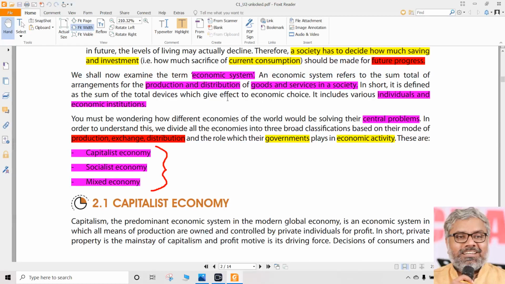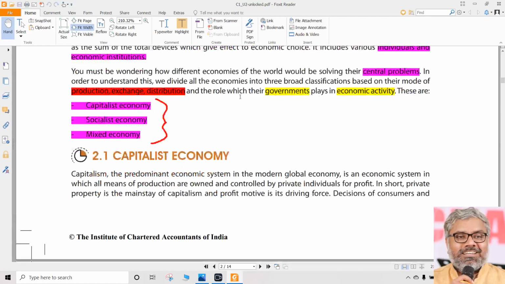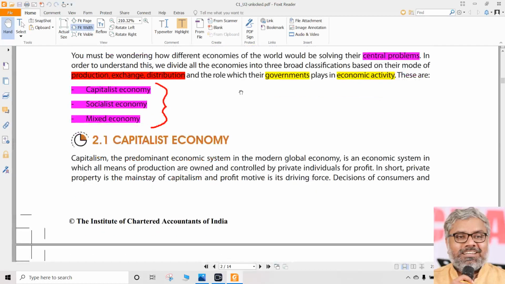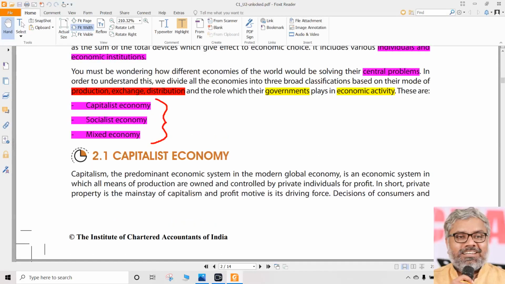So these two things are going to matter in any type of economy. However, how these central problems are solved is not going to be the same. In some type of economy like capitalist economy, yes, the problems are addressed and the economy tries to solve those problems, but in a different way. In socialist economy, the same thing happens in a different way.